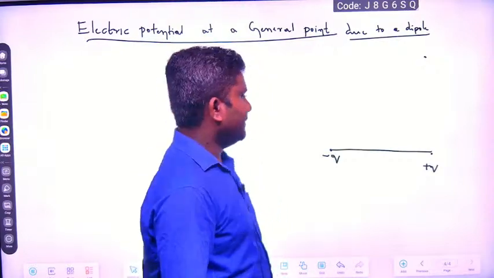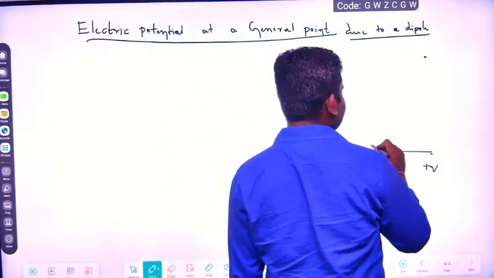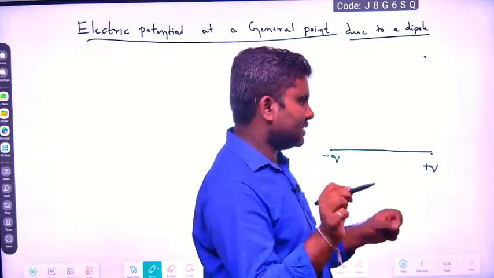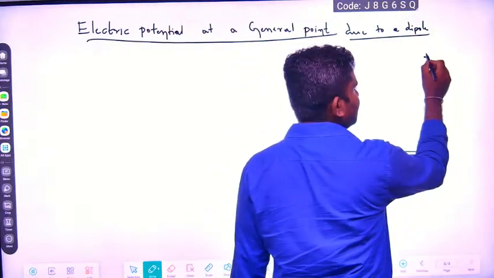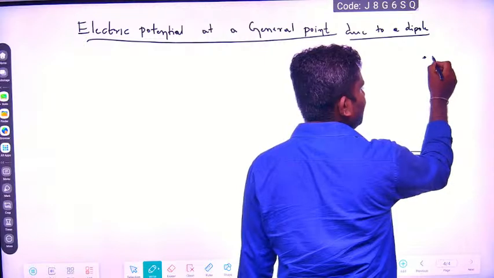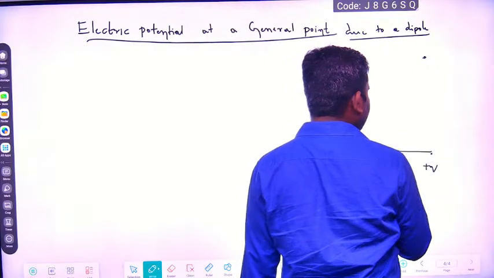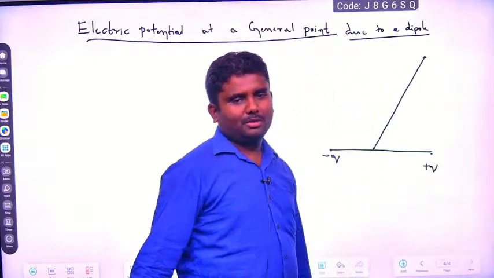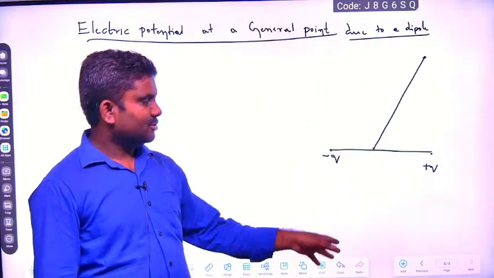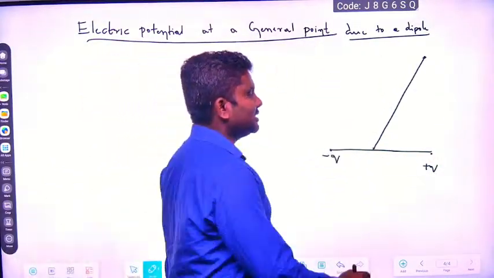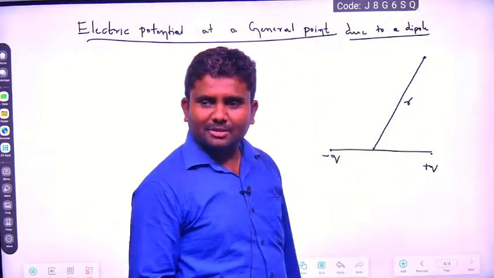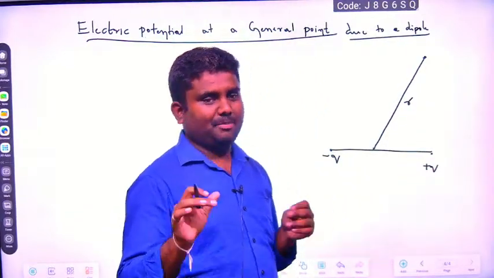Whenever you want to write the general point, say this is a general point P where you need to find the potential. Always we measure the point from the center of the dipole. So the center of the dipole you should take. That is r. r is the distance of the point from the center of the dipole.